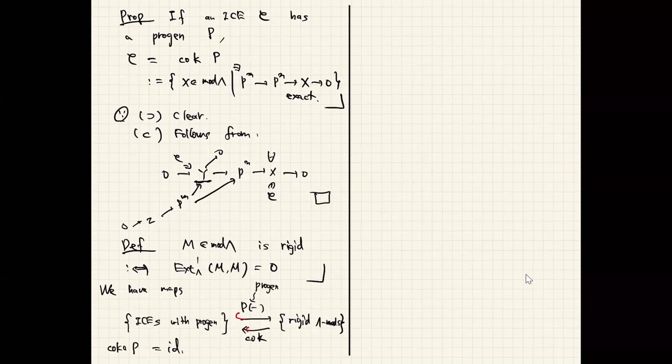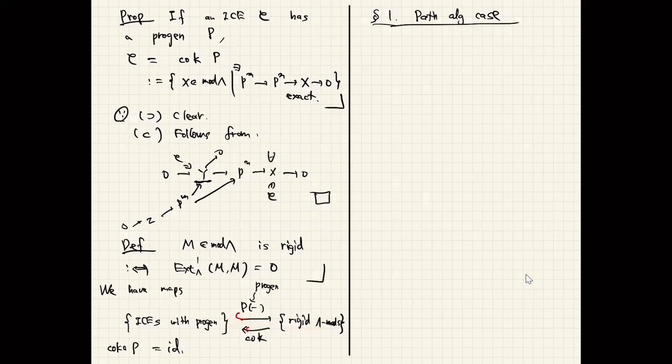And actually, we have to divide the main result into two parts because in the hereditary case, so the path algebra case, the situation is very simple and we have a very simple bijection between these Ice-closed subcategories and rigid modules.